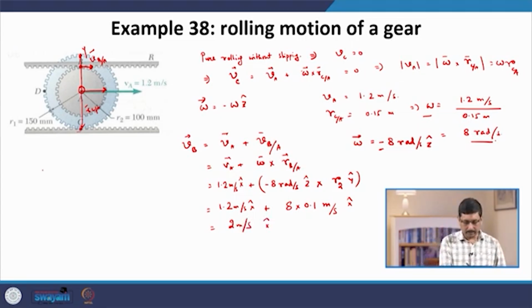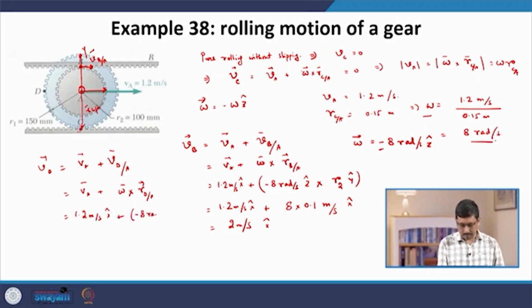Now, what about V D? V D will be V A plus the velocity of the point D due to the rotation, which is omega cross R D A. This is 1.2 meter per second x hat plus minus 8 radian per second z hat cross minus 0.15 meter x hat, and this must be going in the upward direction.